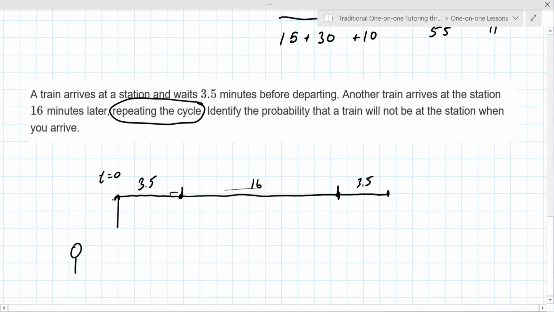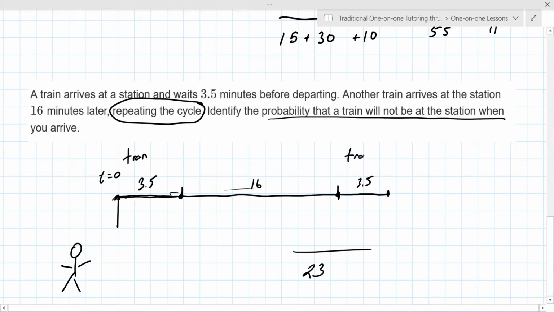Imagine you're standing there and a train arrives and it waited 3.5 minutes, it's gone. Then I wait another 16 minutes. That altogether is 23 minutes. So over 23. And we want the probability that a train will not be at the station. So there's a train here, and there's a train here, and there's no train here. So that's 16. Okay, very good.